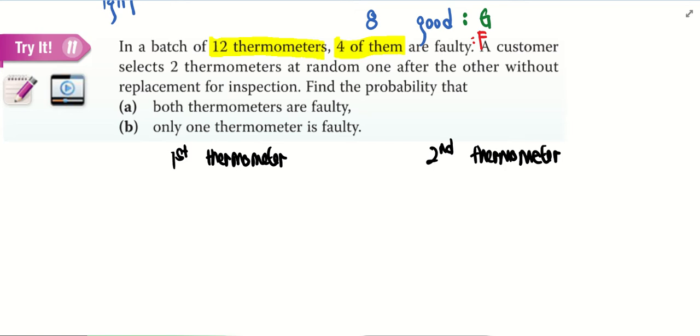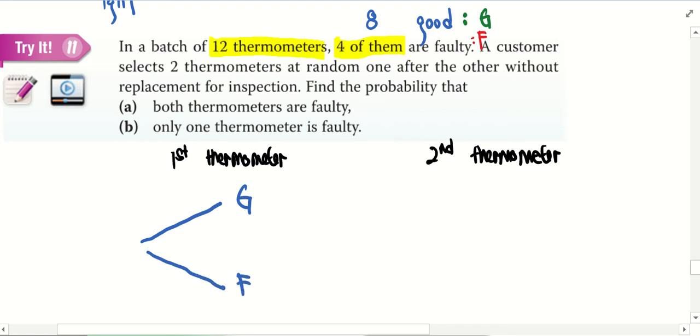No. How many branches do I draw? The thermometer is either good or faulty. So how many outcomes? 2. Either good or faulty.